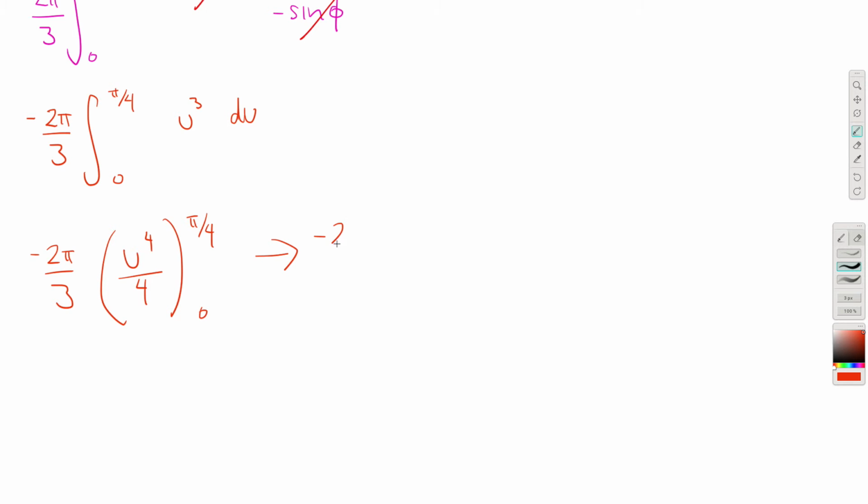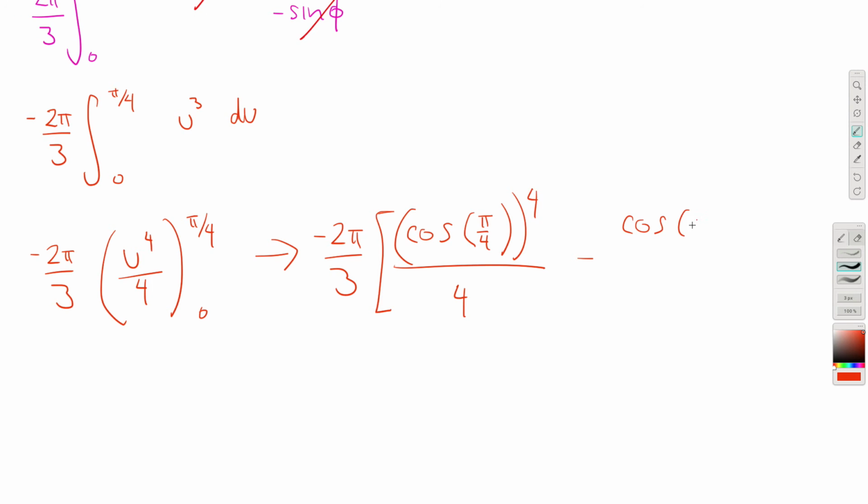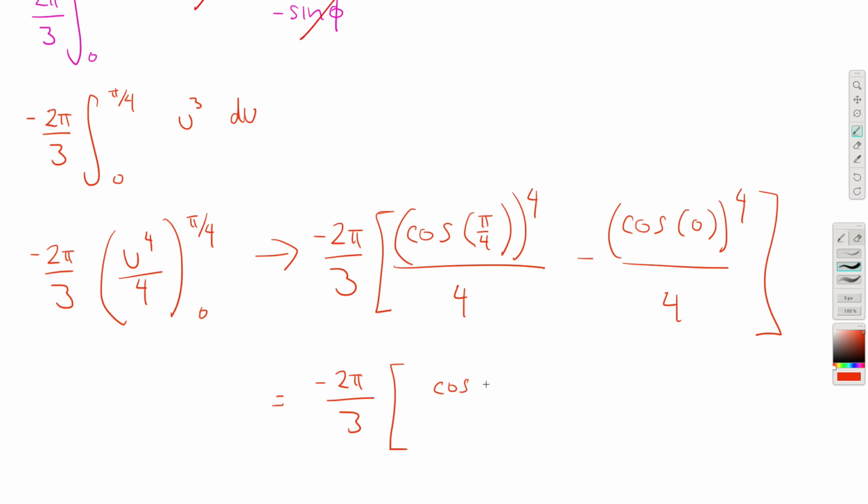This therefore will be negative 2 pi on 3, u was cos, minus 1 on 4.